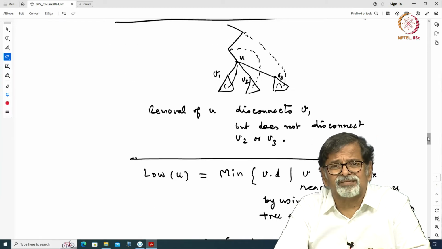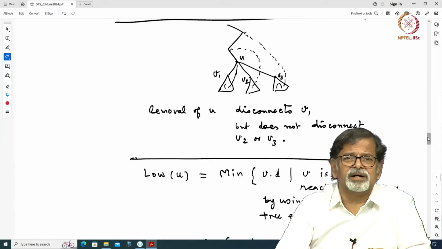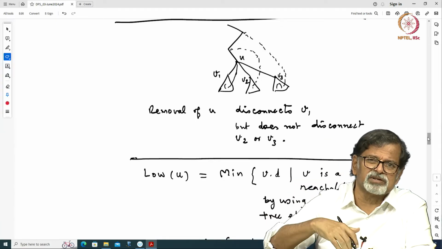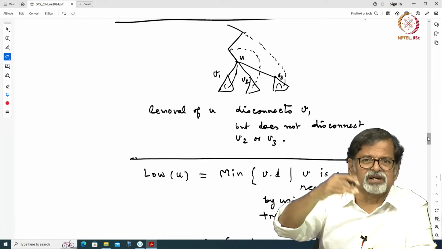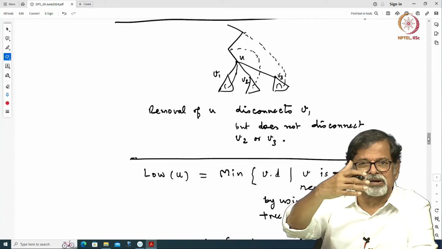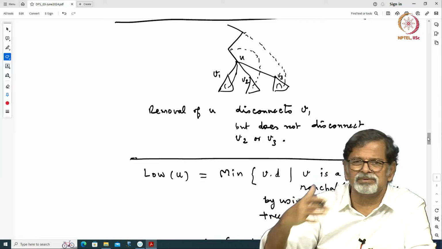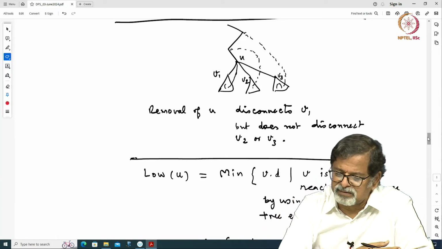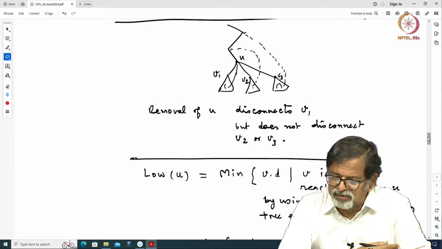So, consider a vertex u, and during the exploration it will explore a child, and after finishing it will come back to u, and after finishing with V2 again you will come back to u. The exploration goes recursively.